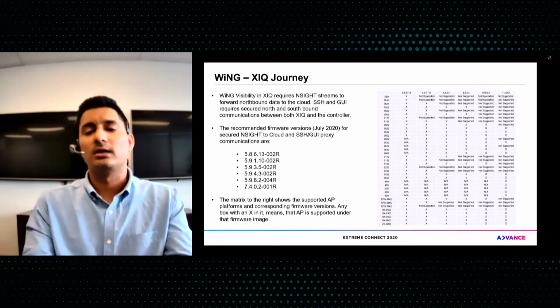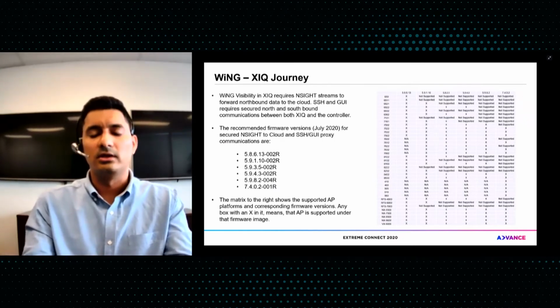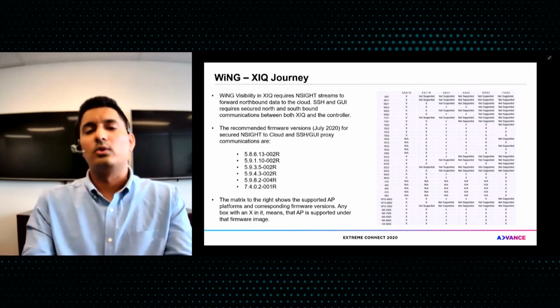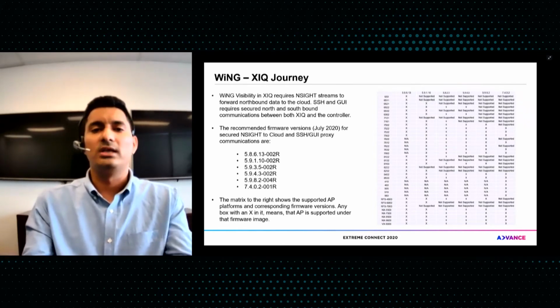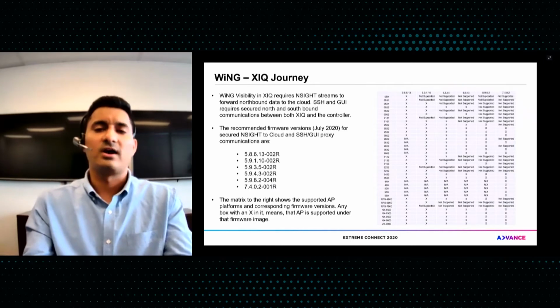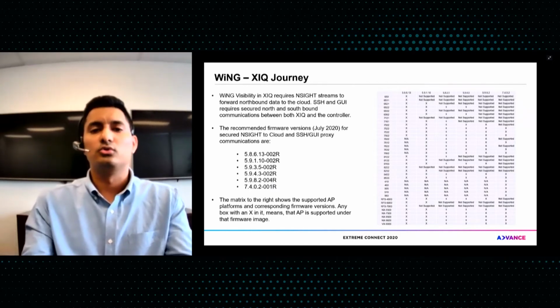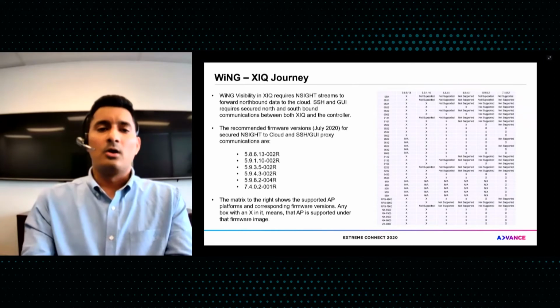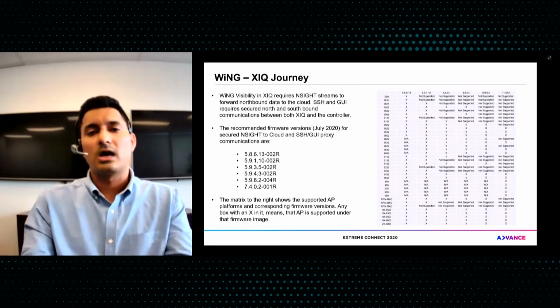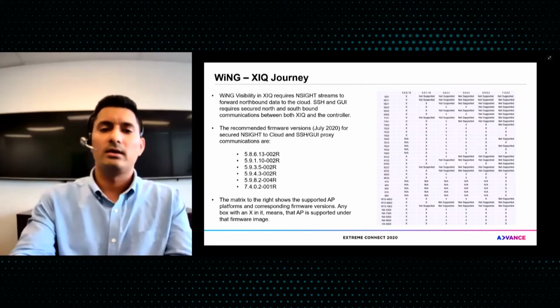But stay tuned and take a look at the latest release notes. And for the XCC, I would say that you should be on release version 5 at minimum to be able to have visibility enabled.